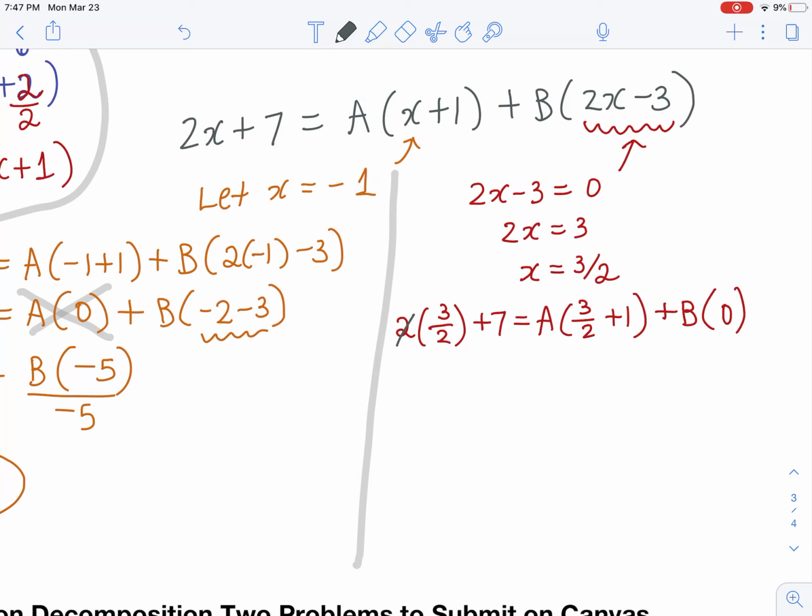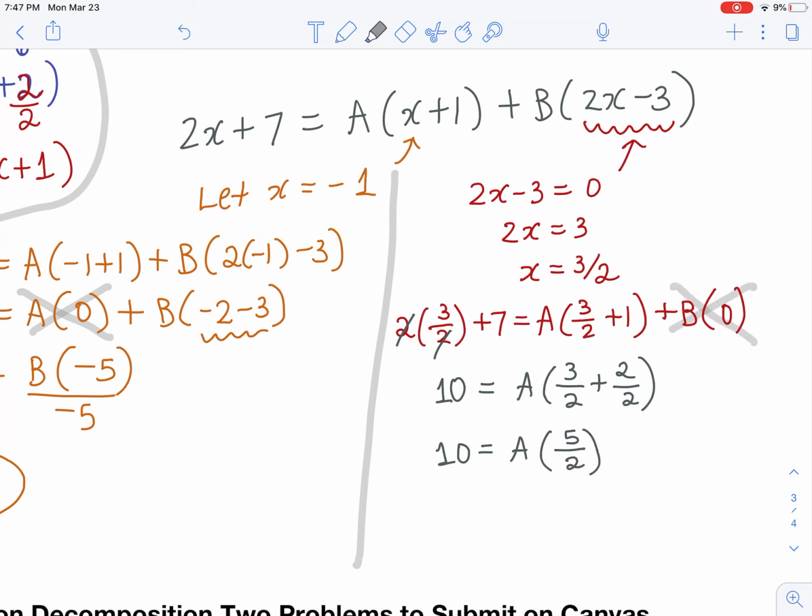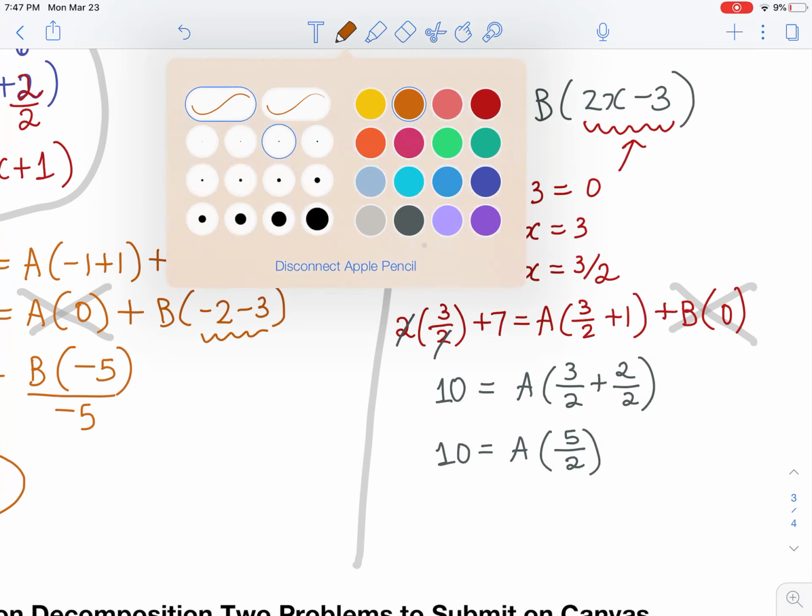Let's simplify this. The left side, I see the 2's cancel out. Left with 3 plus 7, that will be simply 10, equals a times 3/2 plus 2 over 2. I'm trying to add these fractions. So 10 equals a times 5 over 2. And what happened to this b times 0? That's just gone.